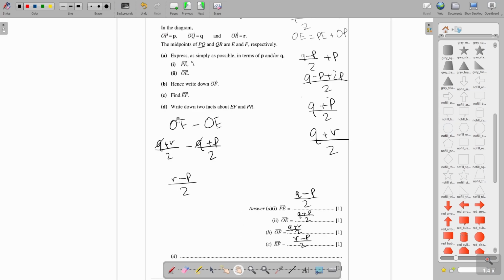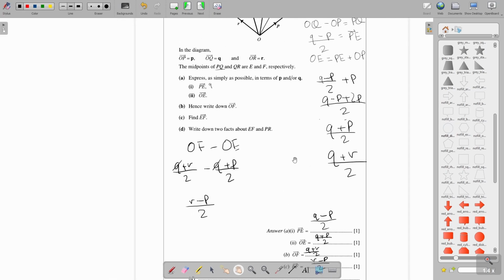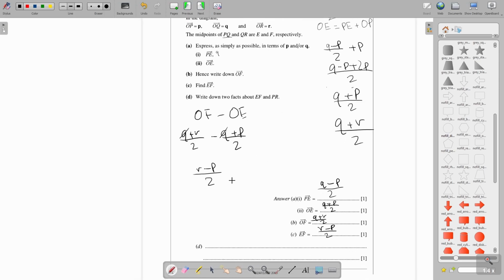And also, since it tells us to write two facts about EF and PR, let's just find PR as well, which is easy. PR is just OR minus OP, which is just R minus P. So just by looking at these, we can see that this is half the length of this.